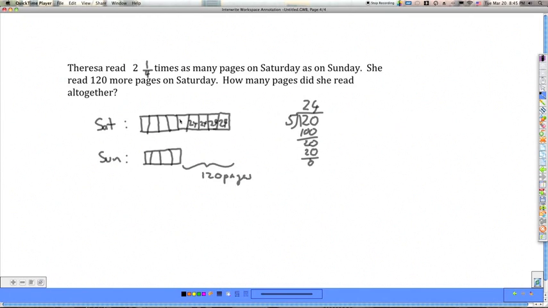And if I count them up, it's going to be 9 there, plus 4 more there. So that's going to be 13 24s altogether. 13 times 24. That's going to be 72 and 240 to 312. So she read 312 pages.